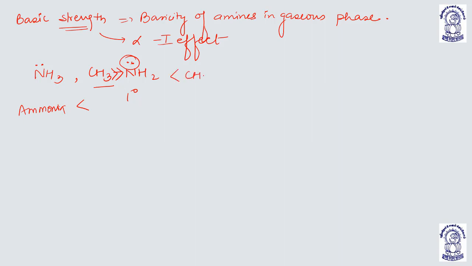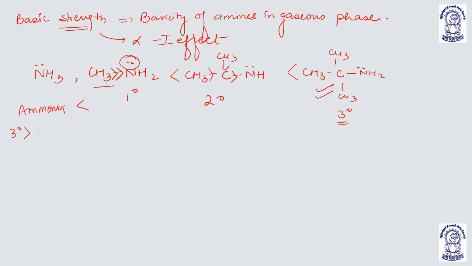Then if we have two alkyl groups, then also the same thing. Then the tertiary alkyl group. Okay, is it clear? This is tertiary. So stability will be tertiary, then secondary, then primary, then methyl.